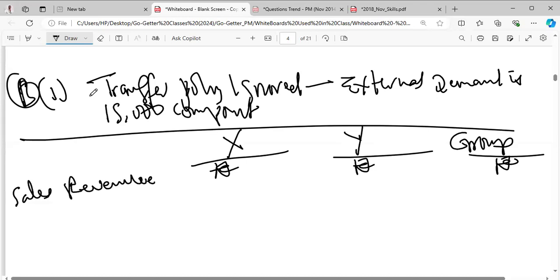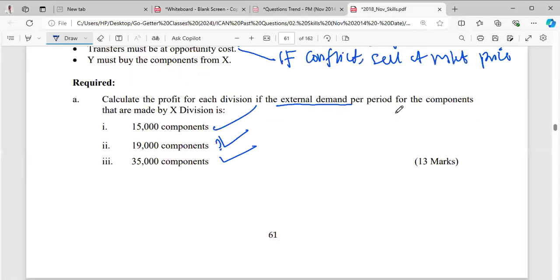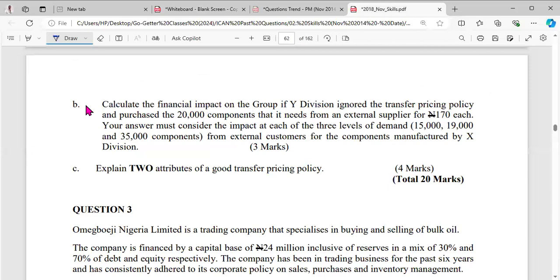There is not going to be internal, never internal sales, because here they decided to buy it outside, so there was no internal sales from X to Y. Everything is external.